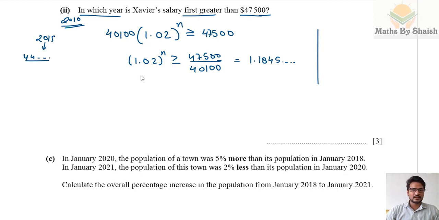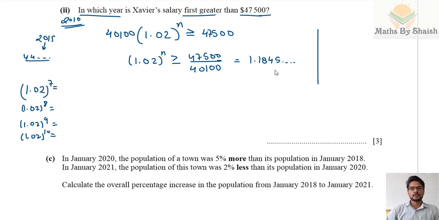So we can check this value from the calculator for, let's say, 1.02 to the power 7, 1.02 to the power 8, 1.02 to the power 9, 1.02 to the power 10. So let's check for which value we will get it closer to 1.1845, so that we can decide when it would be the first greater than this value.